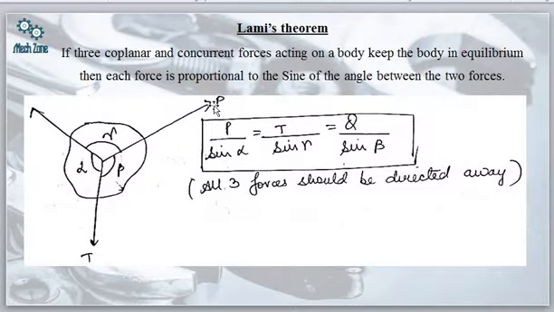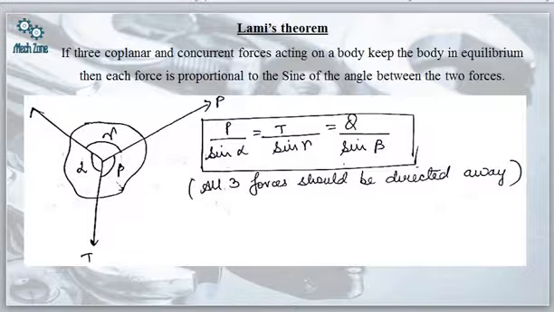For example, if the forces are P, T and Q, then P is proportional to the sine of the angle between the other two. So P upon sine alpha is equal to T upon sine gamma, which is equal to Q upon sine beta, and all three forces should be directed away.